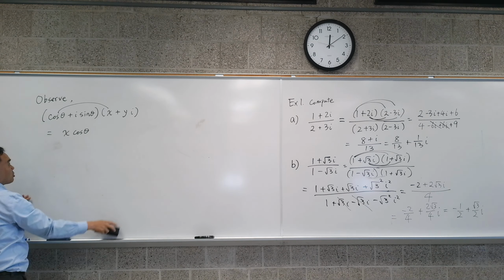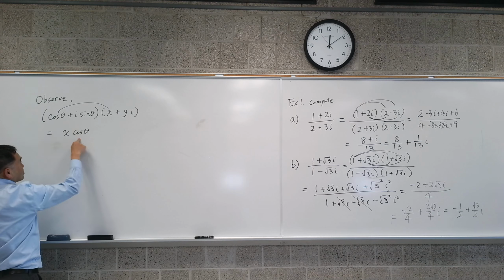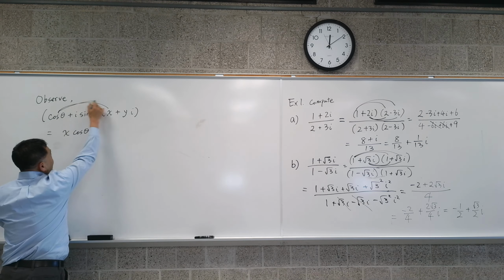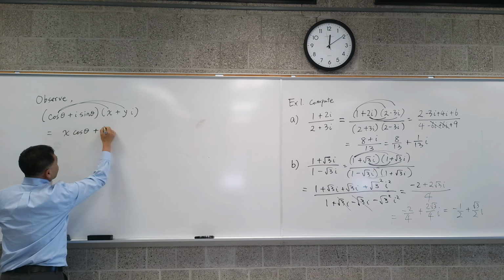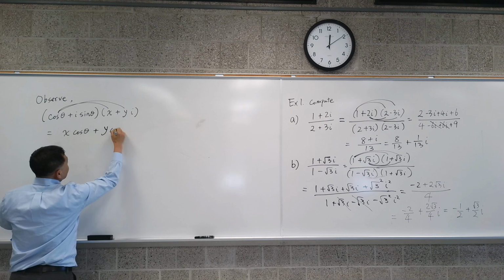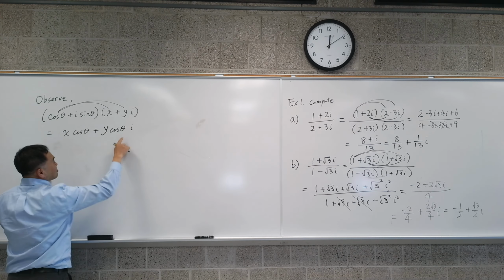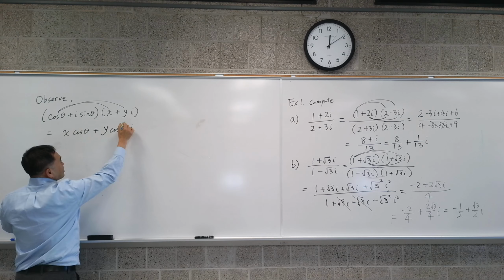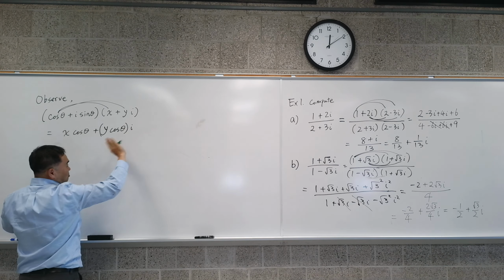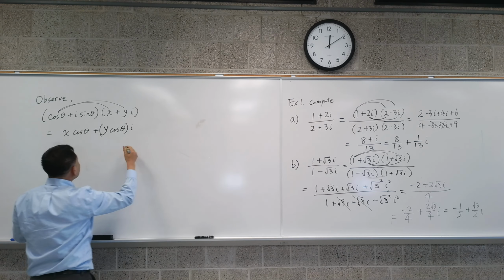So you really just should put the x first. So this times this, I'm going to write x first and then cosine theta. Okay? And then when I do this, that's going to be, again, y times cosine theta. And even though this might be a little confusing, always you want to put the i afterwards.